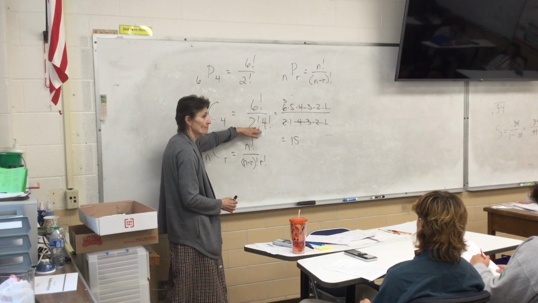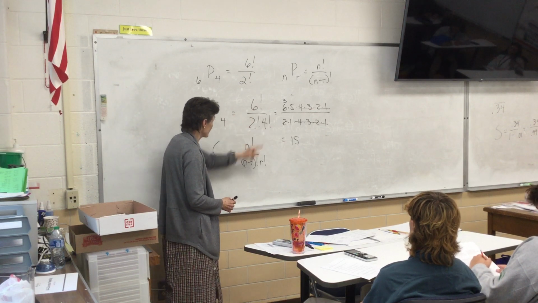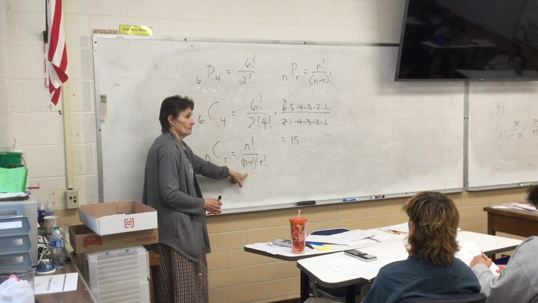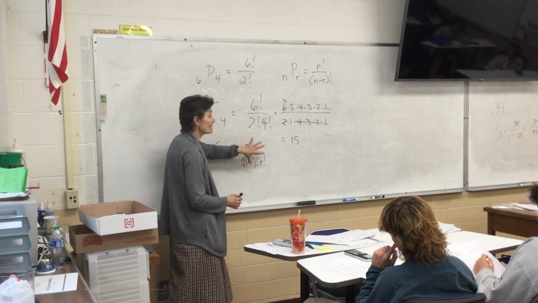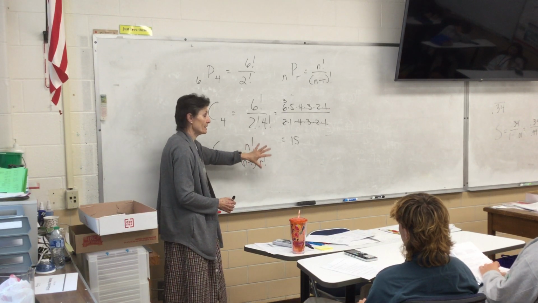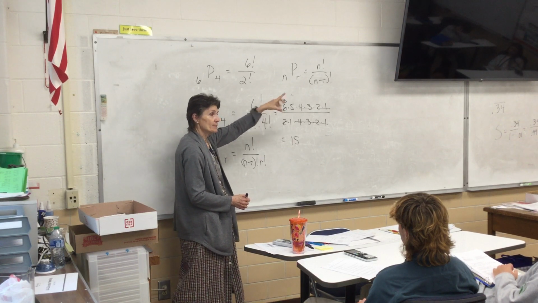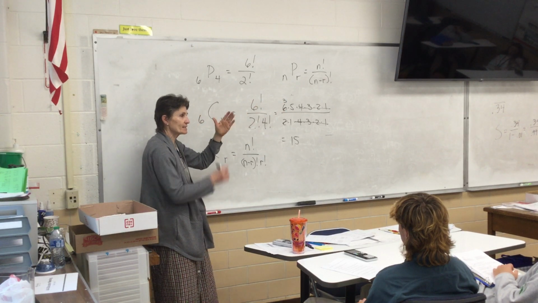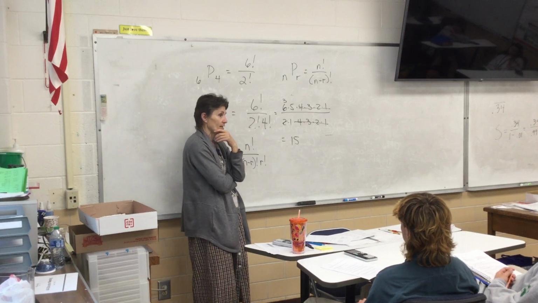Look how we did it. 6 factorial, we subtracted, and then put that number down there too. That's your combination. As long as you're picking more than one thing, this number will always be less than that number. Doesn't that make sense? If I'm picking things in order, there's more than if I'm picking them not in order.